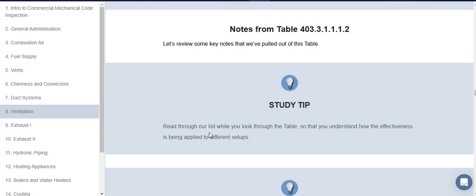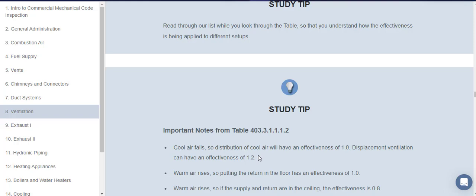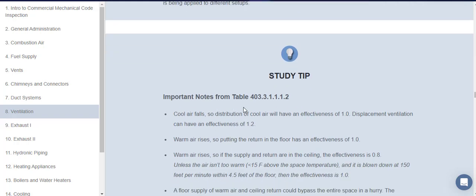Study tip: read through the lists while you look through the table so that you understand how the effectiveness is being applied to different setups. Study tip: important notes from table 403.3.1.1.1.2.